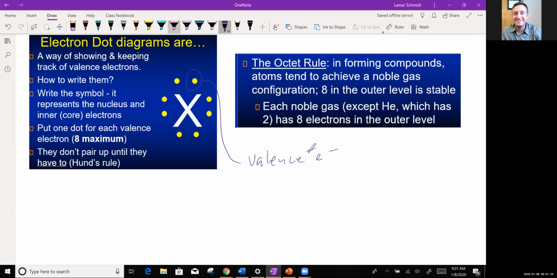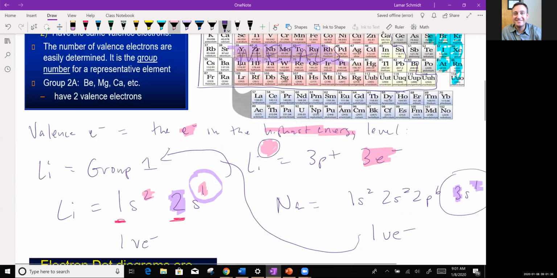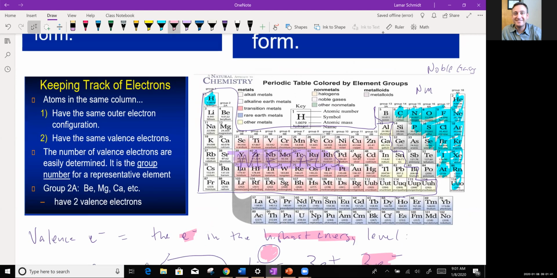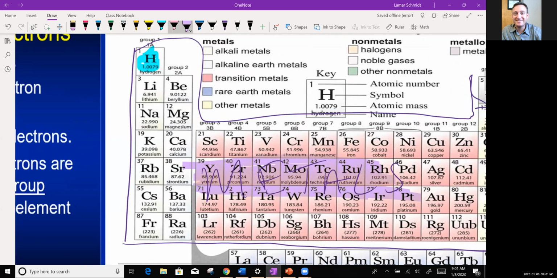Let's try calcium. If we look at calcium, we have to first know how many valence electrons it has. So we go to our periodic table and find calcium. Calcium is right here. How are we going to know how many valence electrons it has? That's right, we look at the group.